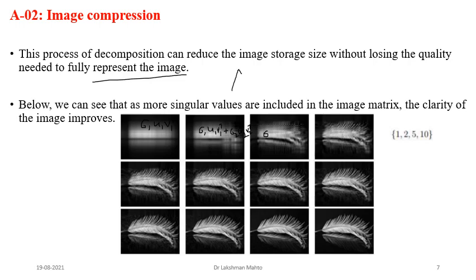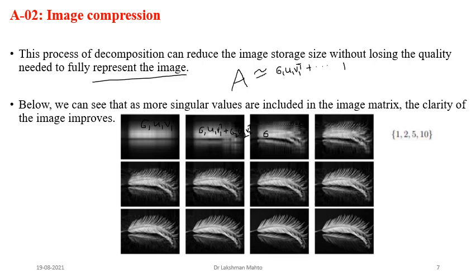So that is the same thing I had already told, that we try to approximate a matrix by a truncated number of singular values, or rank one matrices: sigma 1 u1 v1 transpose. In the last class I had already explained.